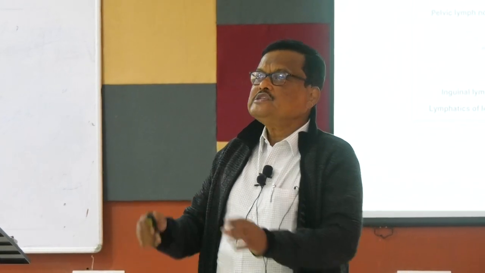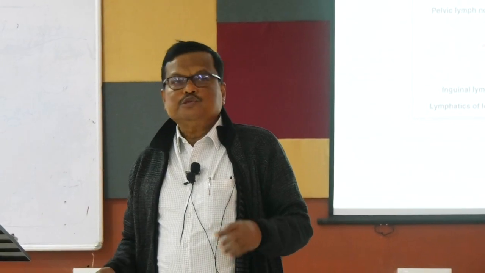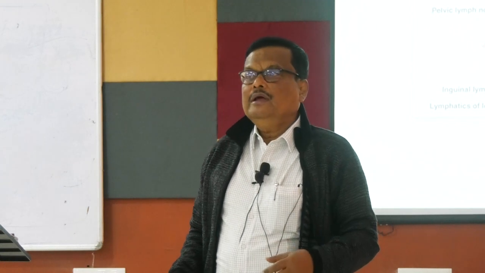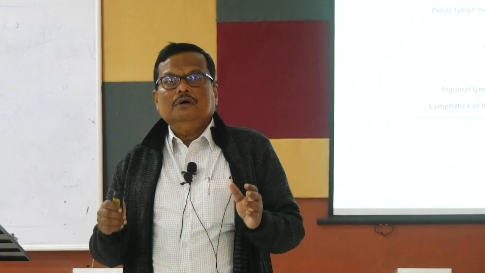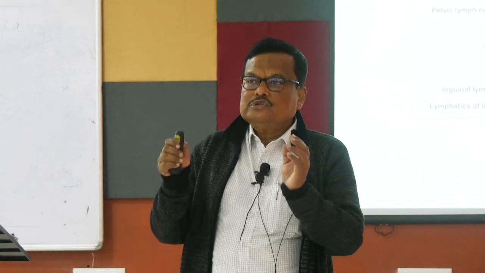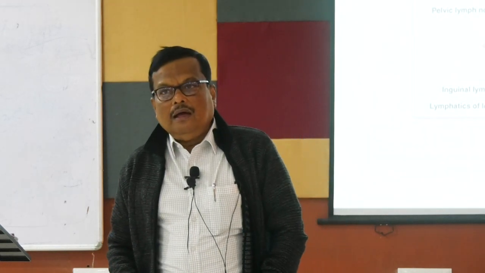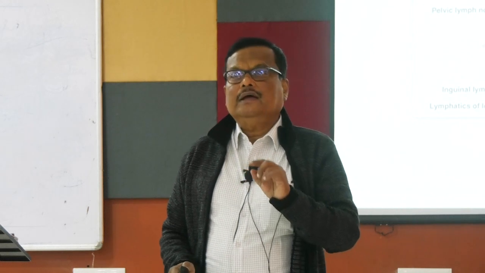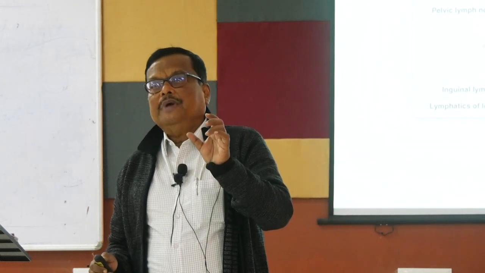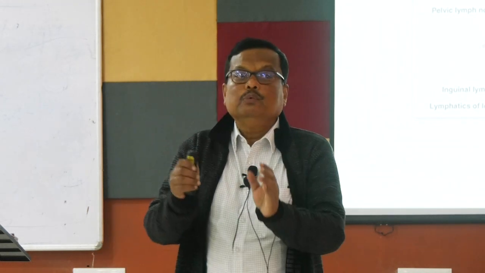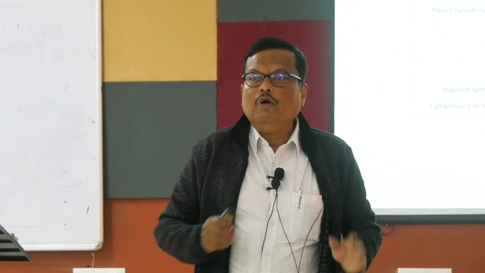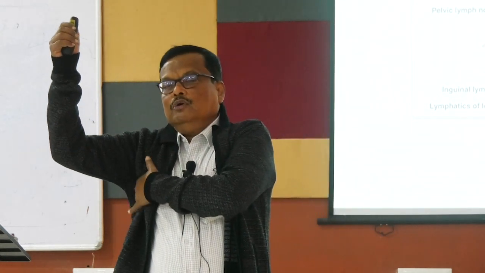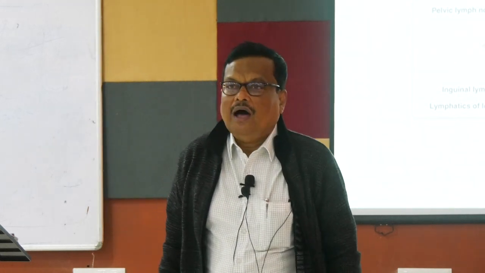We are called lymph nodes. There are some unnamed lymph nodes. And specifically in our body, in certain regions, some lymph nodes are assembled together in a particular place, in a particular area, and we give them a name. For example, here, this area is known as the axilla.